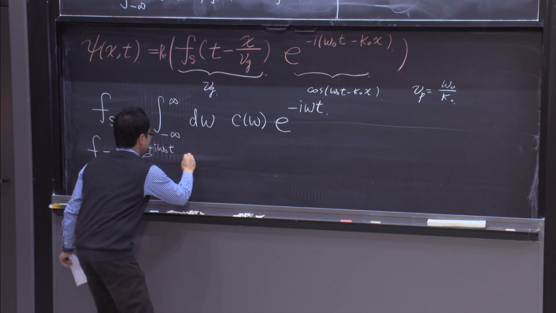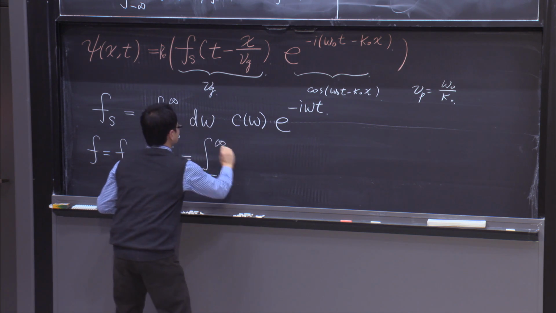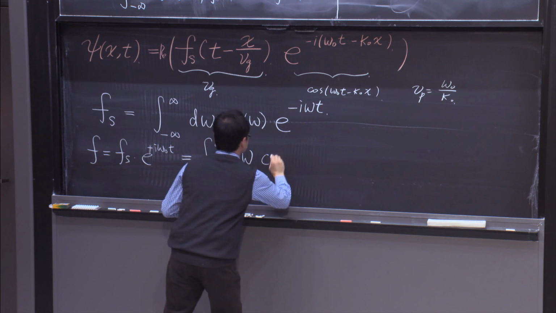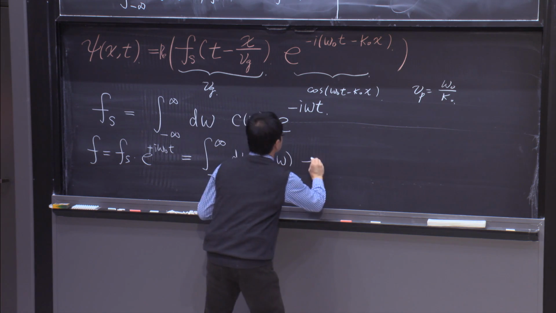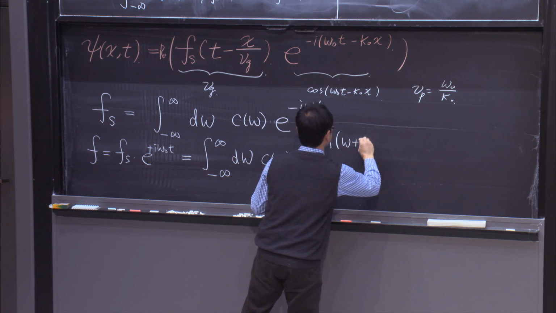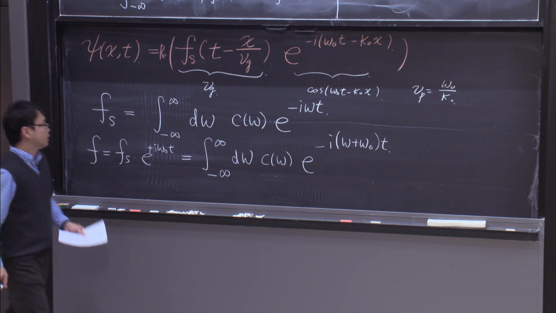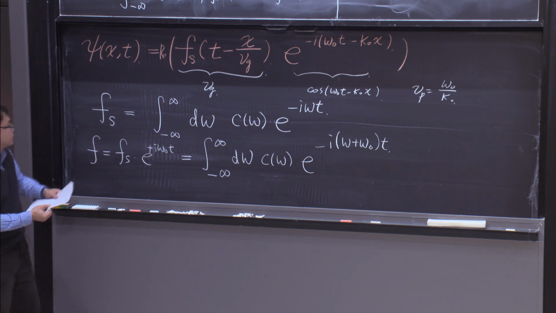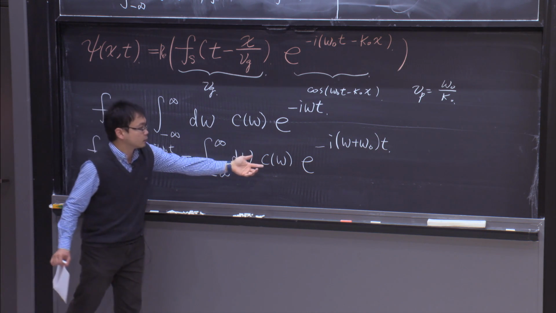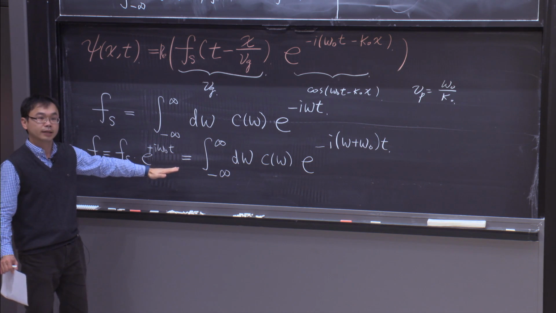And this will be equal to the integration from minus infinity to infinity over omega, c(omega), exponential of minus i (omega plus omega 0) times t. There's nothing special. I just take my expression for fs, multiply that by exponential of minus i omega 0 t, and that's what I get.